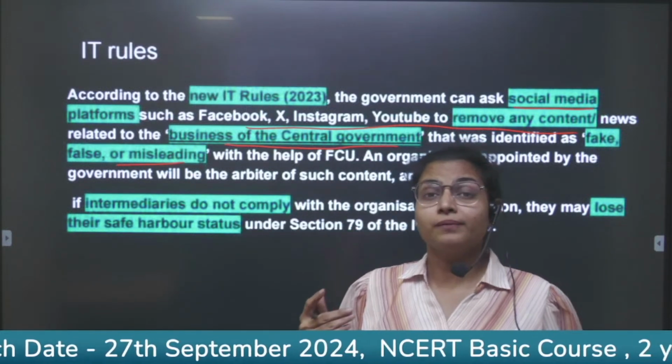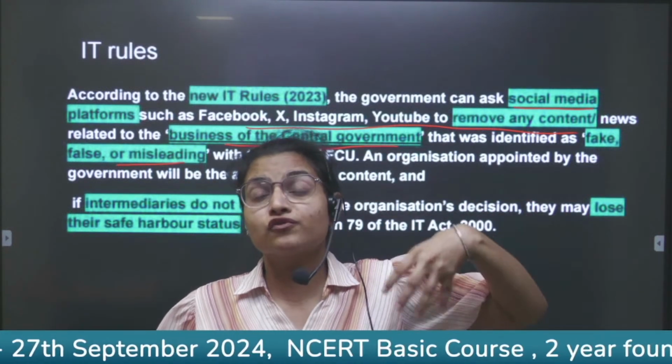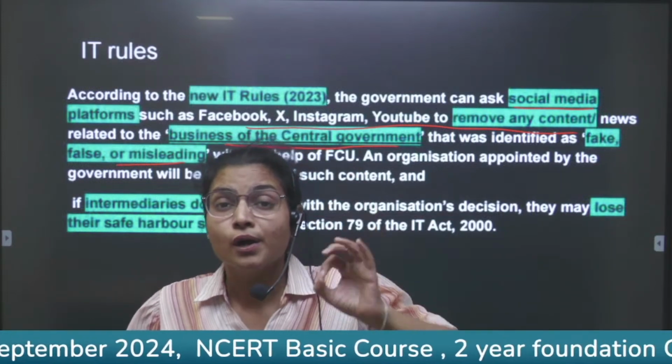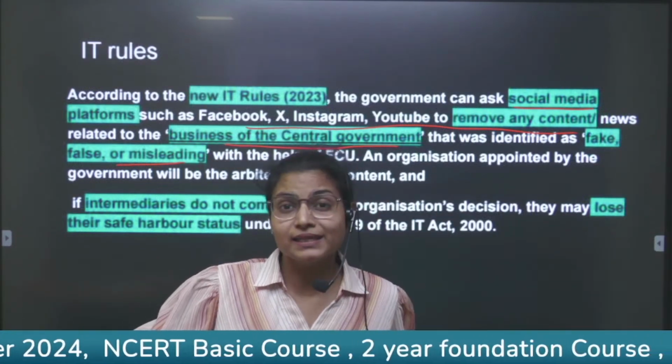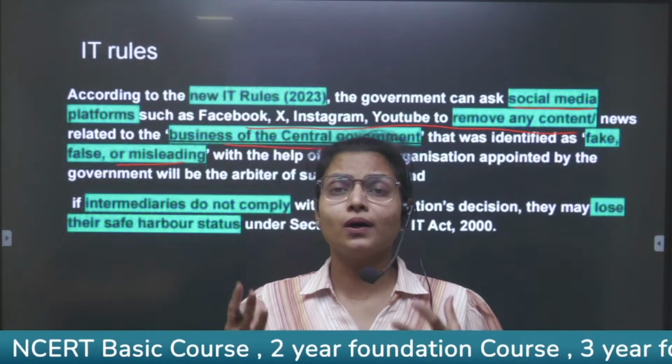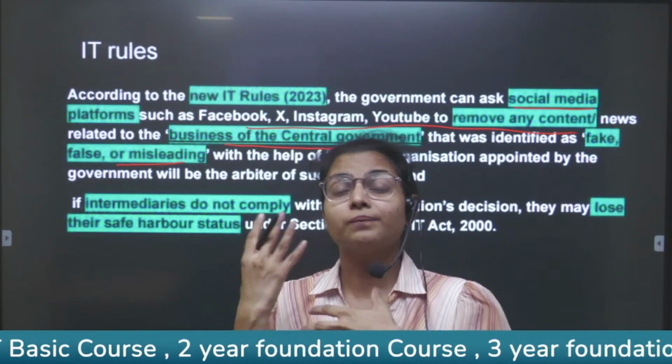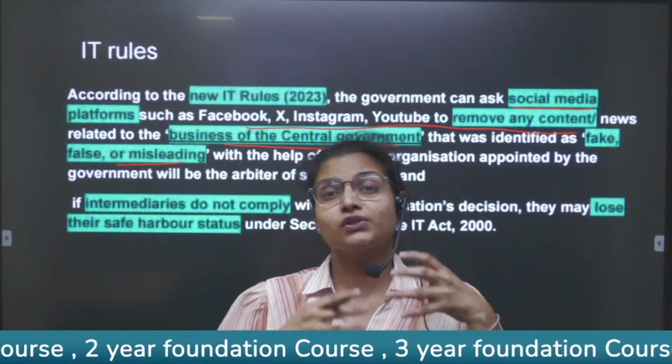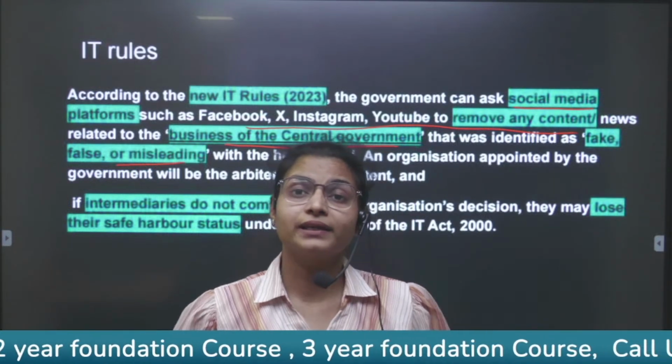It means the social media intermediaries have to remove the content. We have brought the amendment in the IT Act so that we can curb situations like hate speech or mob violence.